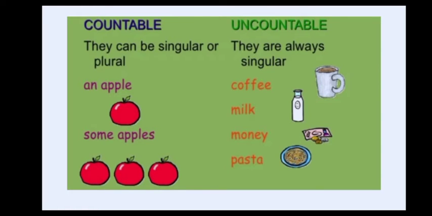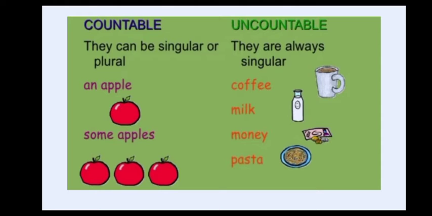Now, countable and uncountable nouns. A countable noun is basically a noun that can be counted. Counted is none other than to number it. When we can number anything, that particular thing is known as countable. Suppose, as you can see in the example, there are different apples kept. 1 apple, 2 apples, 3 apples, and you can count the number of apples.